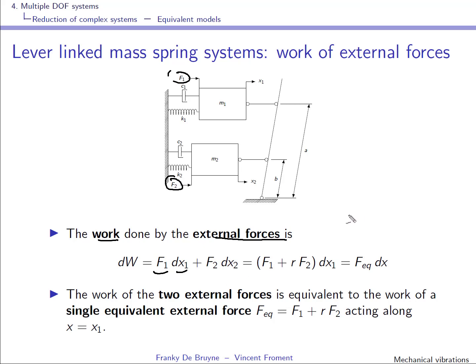We know that x2 is equal to r x1, so a small variation dx2 is equal to r dx1. You plug that over here and you obtain this thing here. So the work of the two external forces is equivalent to the work of a single equivalent external force that is defined like that, and that is acting along x equals x1.